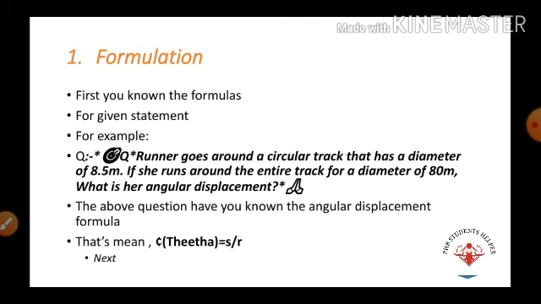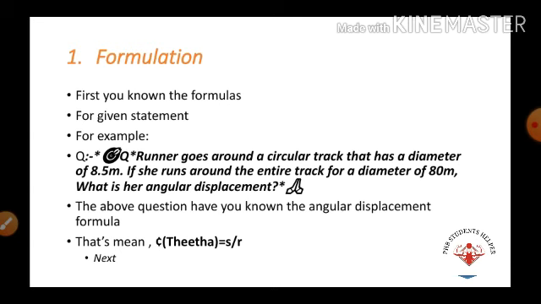If she runs around the entire track for a distance of 80 meter, what is her angular displacement? In this numerical, you are asked for angular displacement. So first we need the formula for angular displacement.